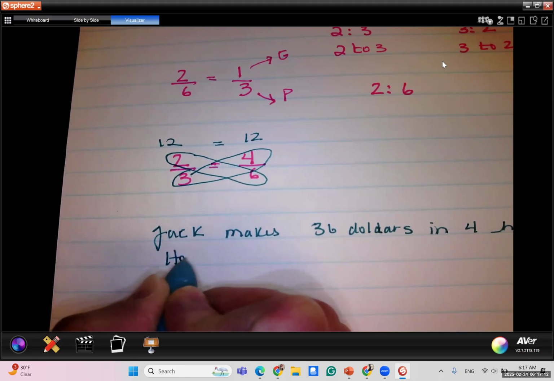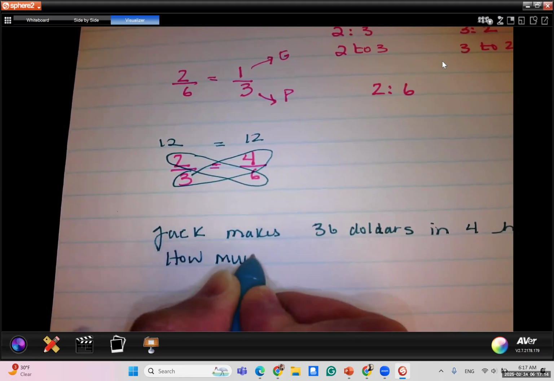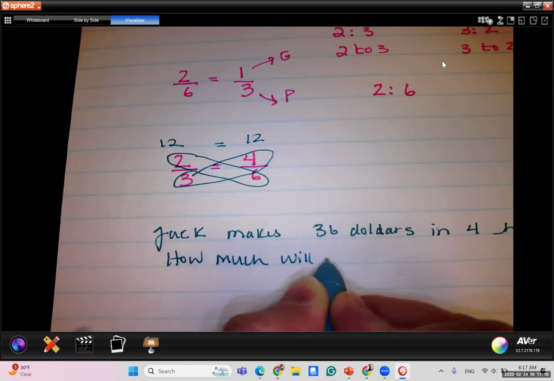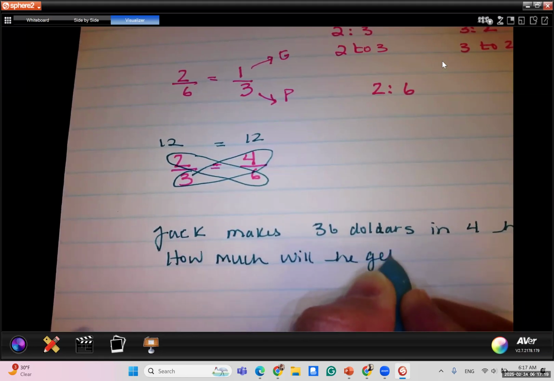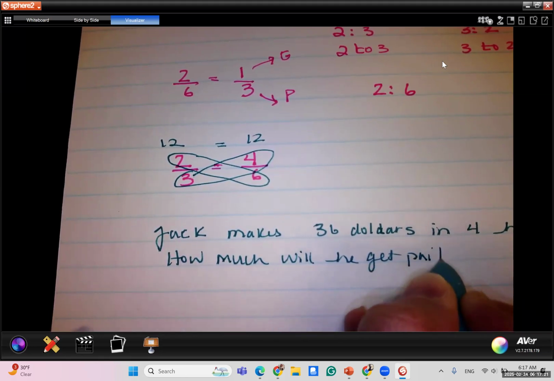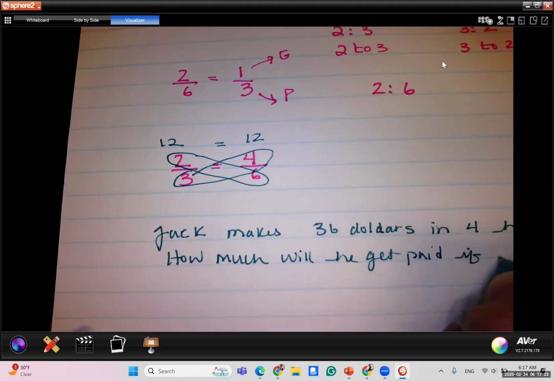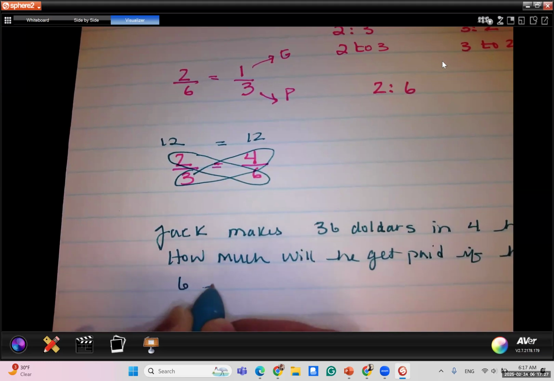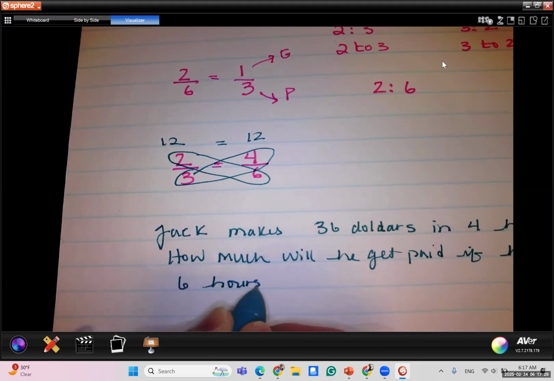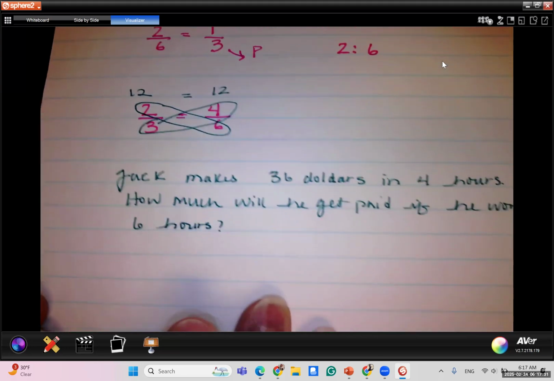And then how much will he get paid if he works 6 hours? So I'm keeping the numbers simple just because I want to make the point.